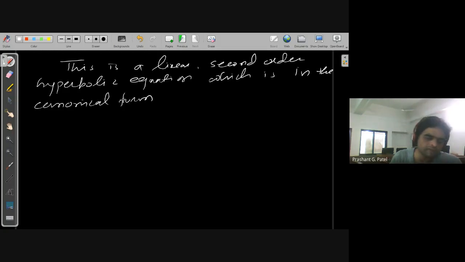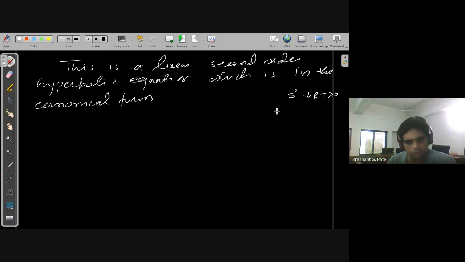When can we say that any equation is hyperbolic? Yes, when s square minus 4rt is greater than 0.